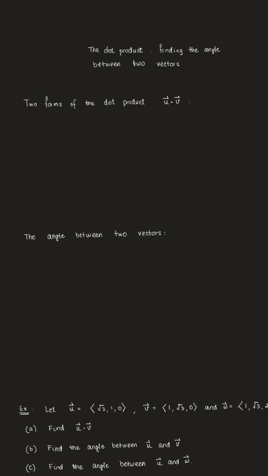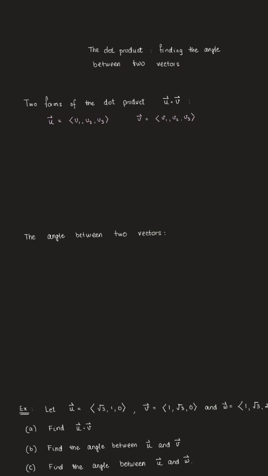By definition, we define the dot product between two vectors. Let's suppose that u has components u sub 1, u sub 2, u sub 3, and vector v has components v sub 1, v sub 2, and v sub 3.